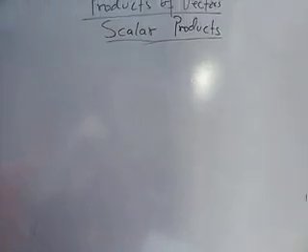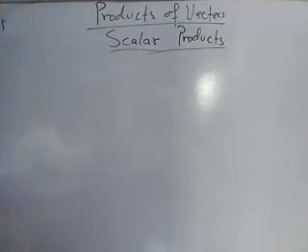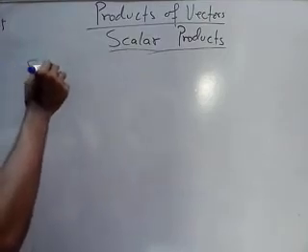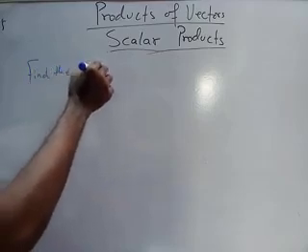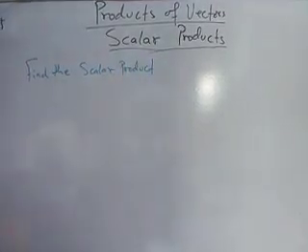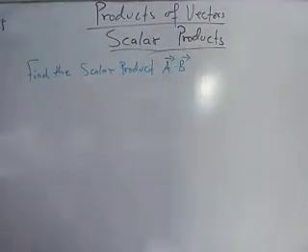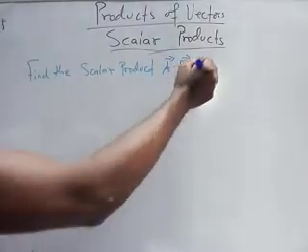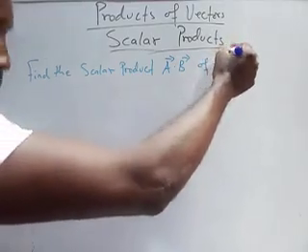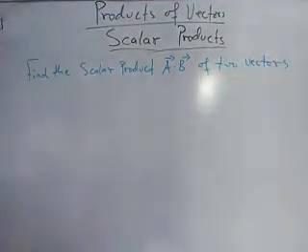We all grow together. Okay, let's look at it. We say find the scalar product of two vectors, vector A and vector B.